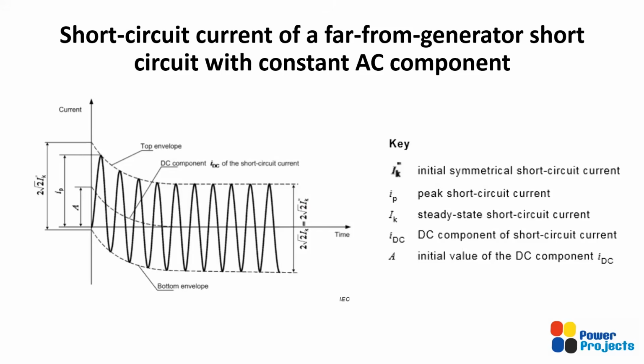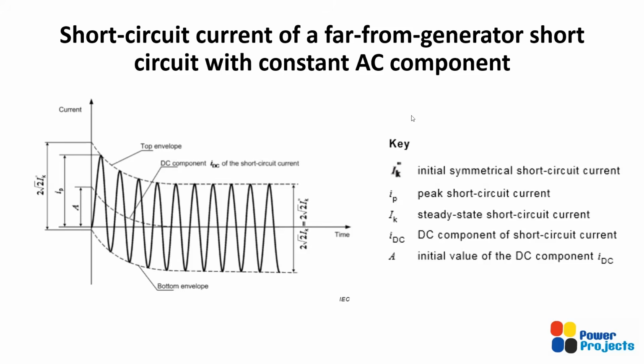In that, the generator impedance is comparatively less. This generator offers a time varying impedance, whereas all other equipment in the electrical power system offers a constant impedance during the fault. If you take a transformer or a transmission line or a cable, they offer a constant impedance. So if the fault current is limited by these devices, the fault current remains the same.